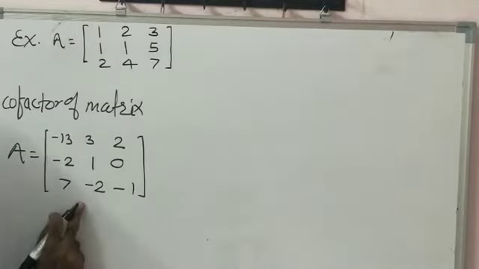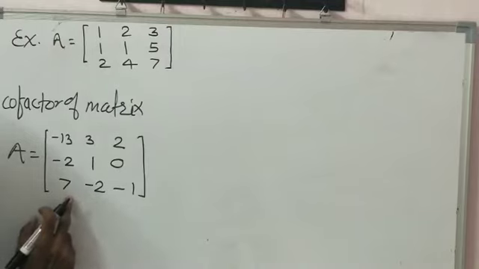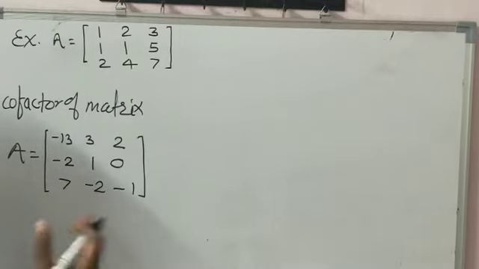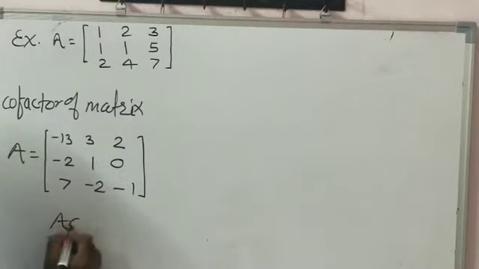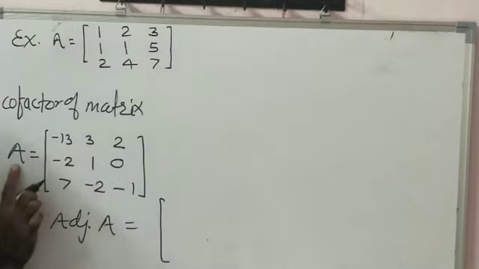In this way we find the cofactor matrix, and if we take its transpose, then it is the adjoint matrix.